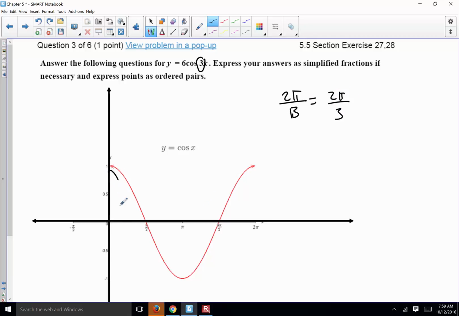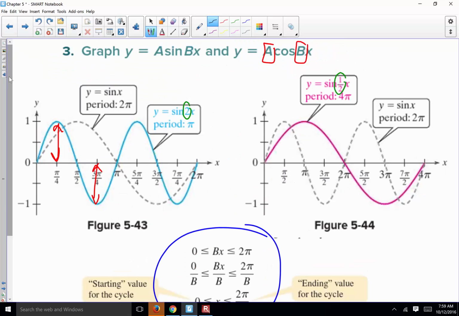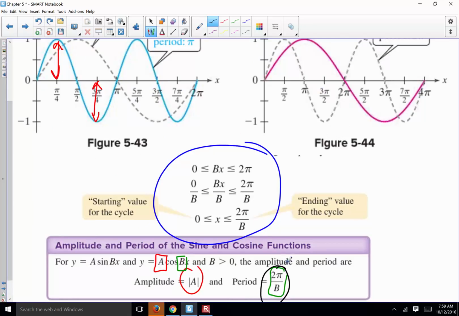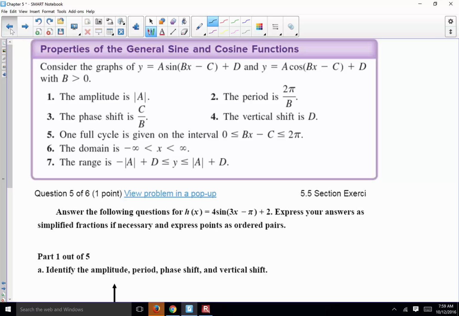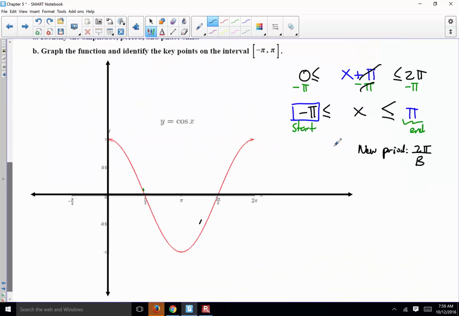And it was something like this. A lot earlier you finished this move, right? But here, again, I'm using this fact. New period is 2 pi over b. What do you think? What is the new period? What is b here?